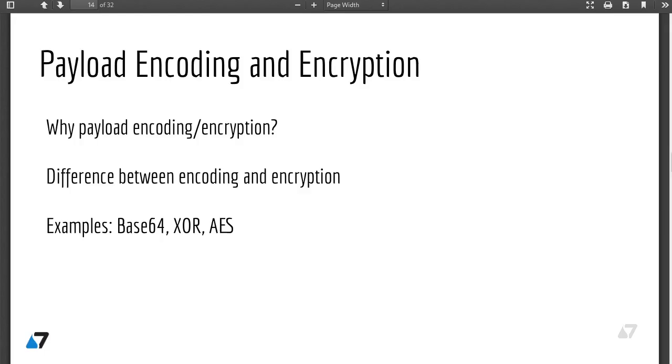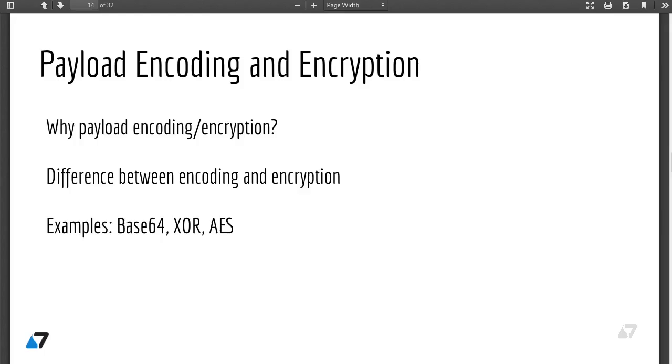To reverse encryption, in other words, to decrypt your ciphertext back to plain text, you need to know the cipher which was used, and it's in most cases known information, and a key, which is kept secret. So that's encryption.